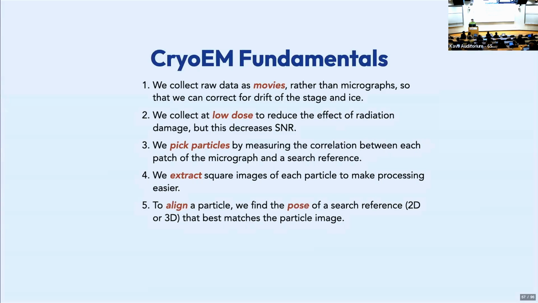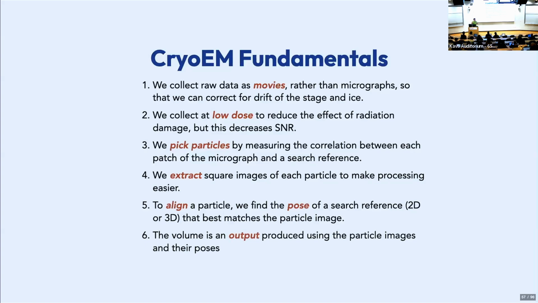To align a particle, we find the pose that makes it match its reference, okay? And the volume is the output, right? Always remember the volume is not the data. The volume is a product based on these assumptions, the assumption of the forward model, the assumption of your pose, right, et cetera. The volume is the product of your work, okay?